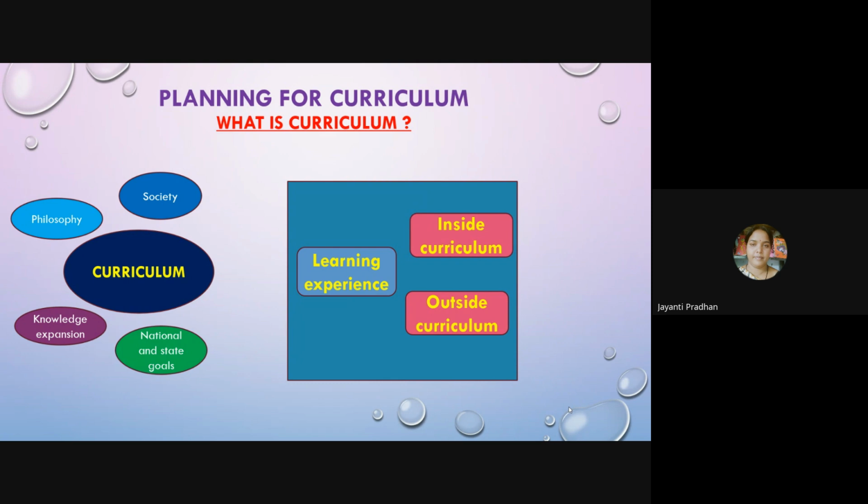So again, we want to be rooted in the Indian education system. We want to strengthen our culture, our education system. That is the national goal that is recommended in the NEP 2020.